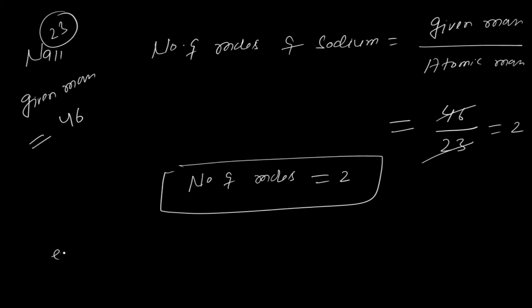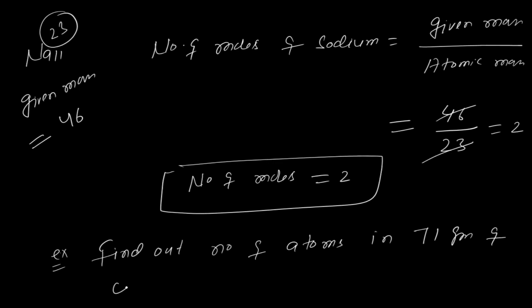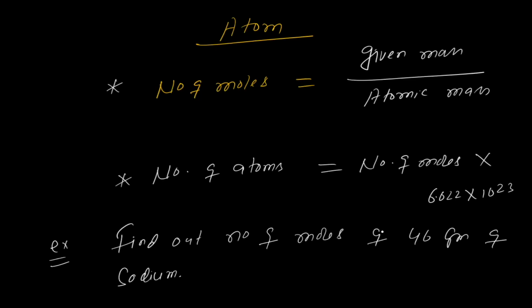Now I make a little change in the question. If the question asks to find out the number of atoms in 71 gram of chlorine atom, then how will you solve this? To find out the number of atoms, first we have to find out the number of moles, then multiply it with the Avogadro number.